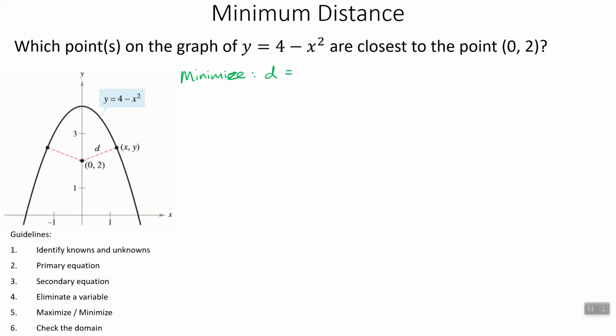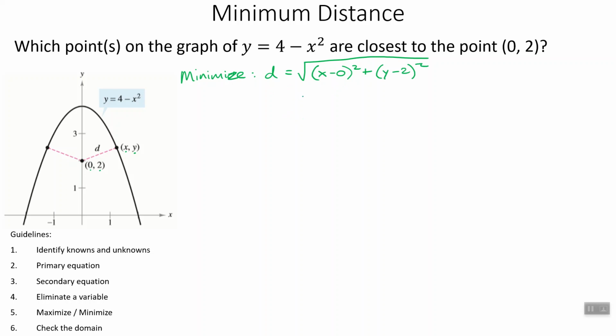d, which is equal to, now we need the distance between these 2 points. We'll just use the distance formula. The distance between 2 points is the square root of x minus this x value, so x minus 0 squared, plus y minus this y value, y minus 2 squared. All right, so there's our formula to minimize.